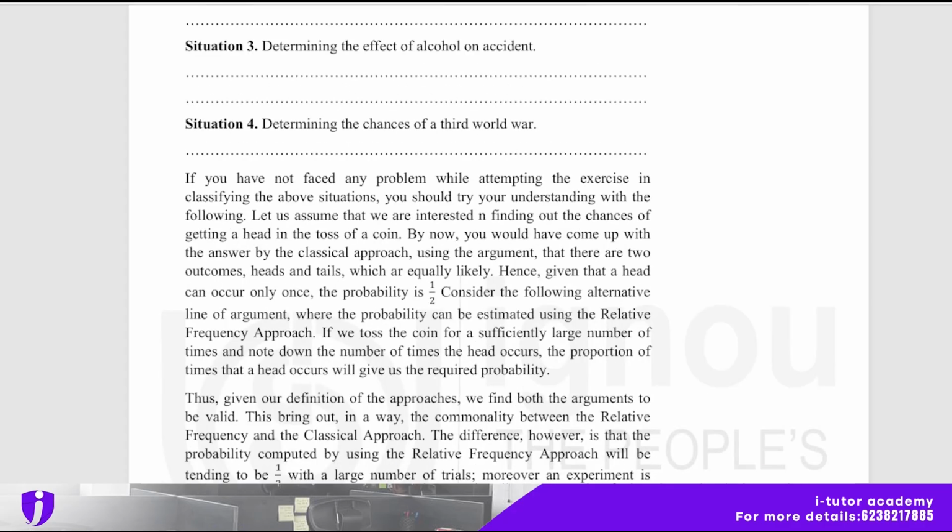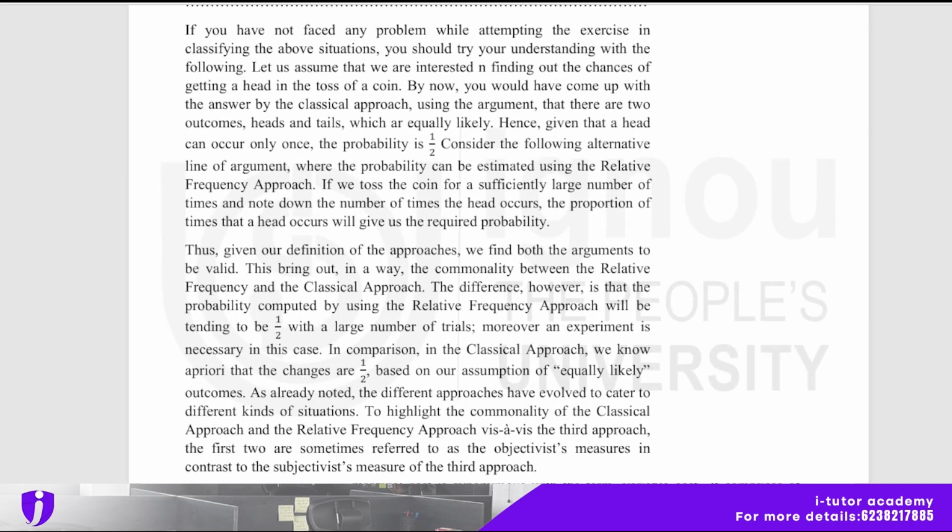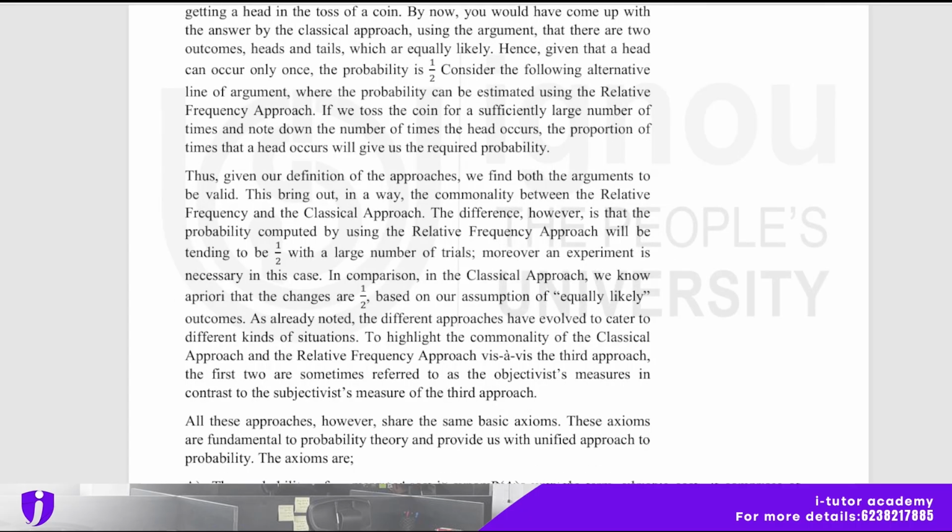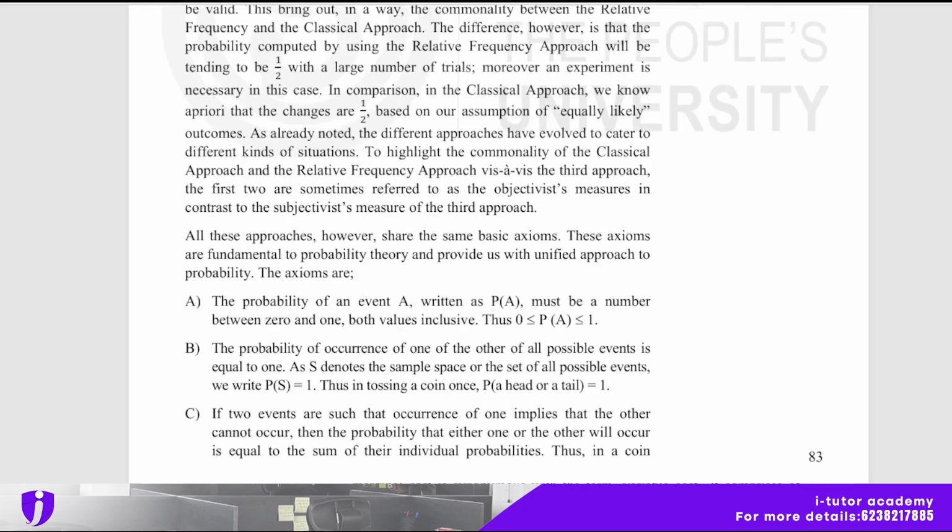Let us assume that we are interested in finding the chance of getting a head in the toss of a coin. In a toss there are two sides of the coin, so there is a chance of head and a chance of tail.